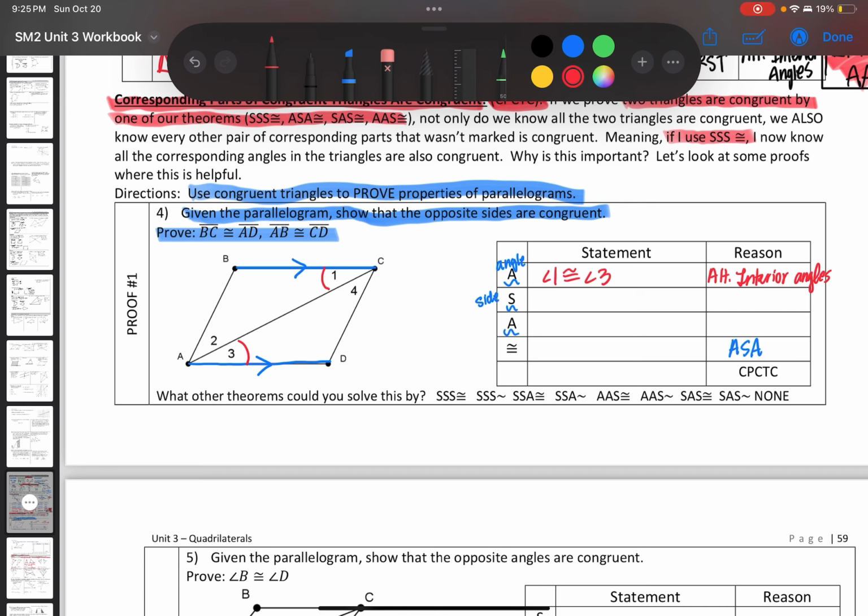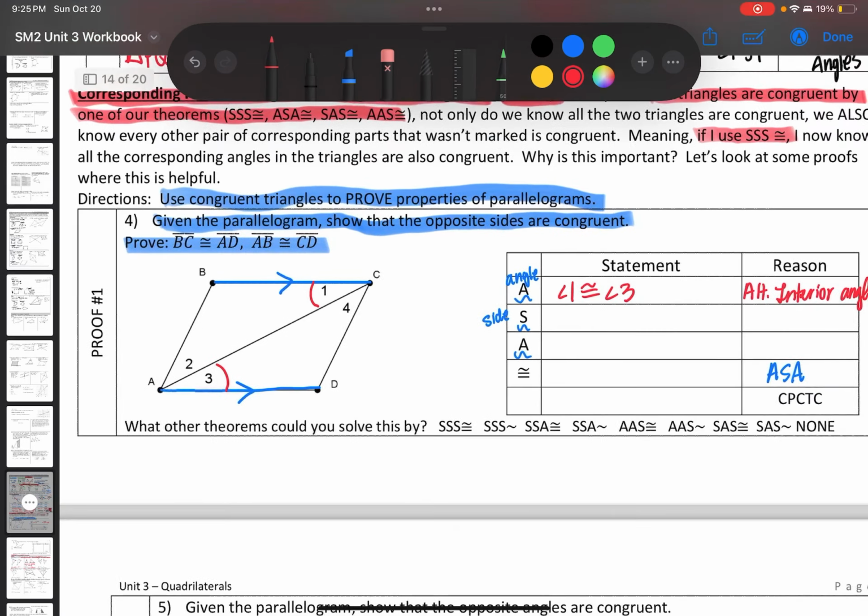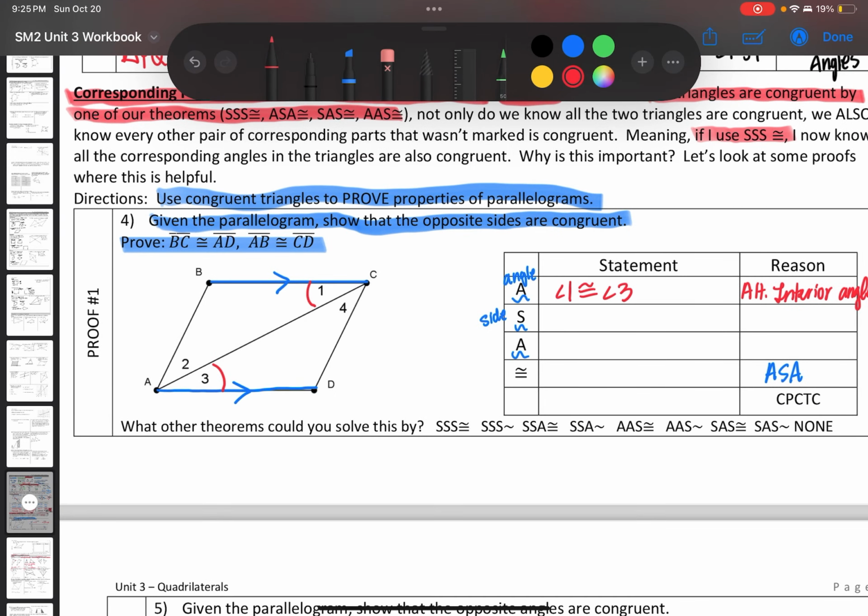So that's our first statement. I know angle 1 is congruent to angle 3 because they're alternate interior angles, because I know this is a parallelogram, so opposite sides are parallel, which means I have those kinds of angles here. Our second statement: we want to show that one side in each triangle is congruent.